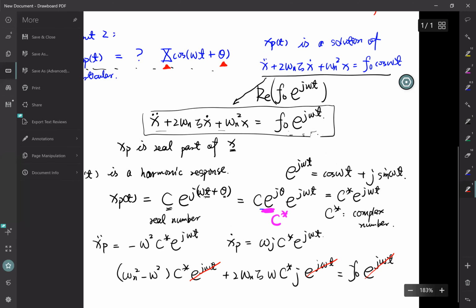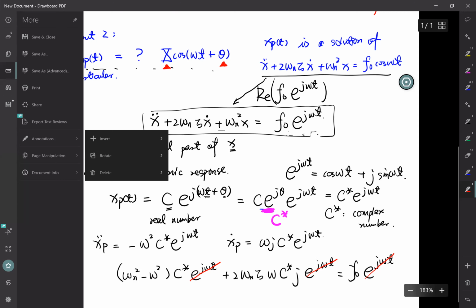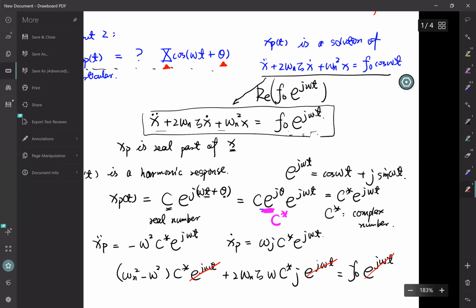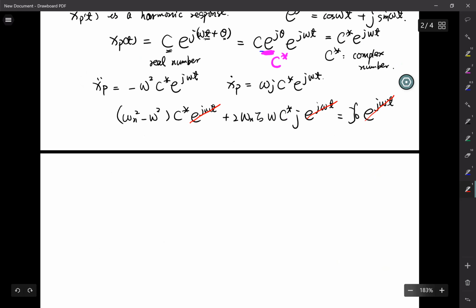Once you cancel it out, you can move things around and find your C star value. Your C star is just F_0 divided by omega_n squared minus omega squared plus 2 omega_n omega zeta j.